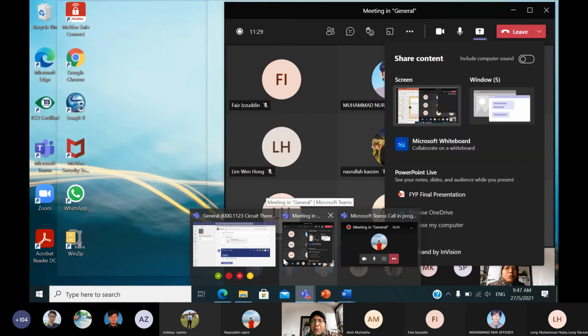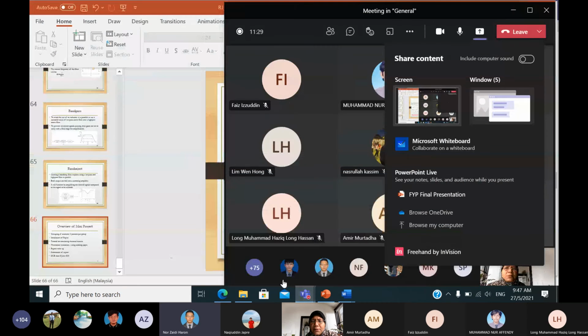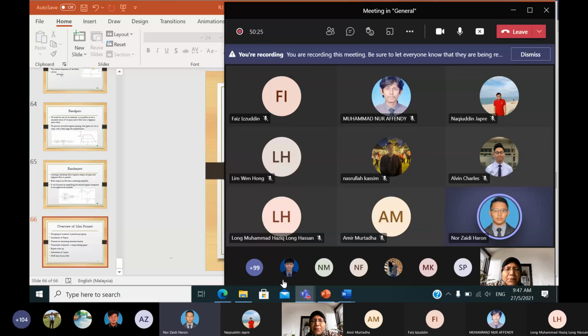Excuse me, doctor. I want to ask about bonus task. We don't need to do the manual analysis, right? Only PSpice for bonus task. For bonus part, you just simulate and no need to evaluate in terms of manual, or you can present the simulated version as a proof that you have simulated.